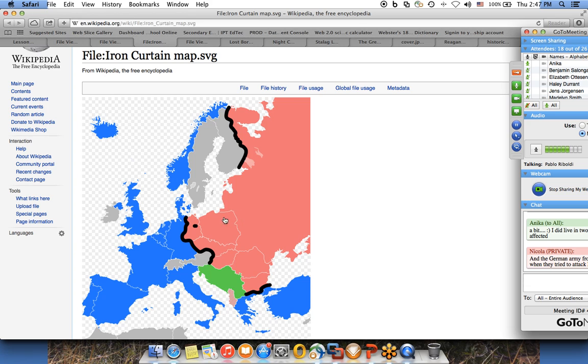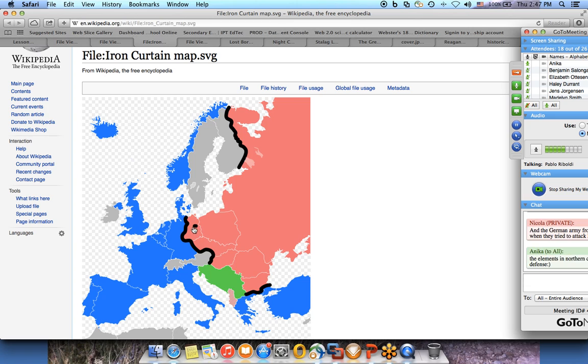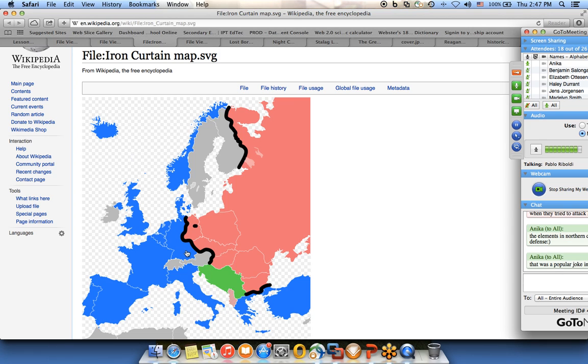Then the Russians advanced and took over several countries and the eastern part of Germany. The Allies, after the war, retreated and let the German people be free and build up. The Soviets didn't really retreat.